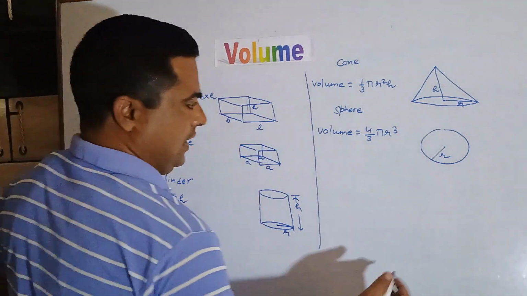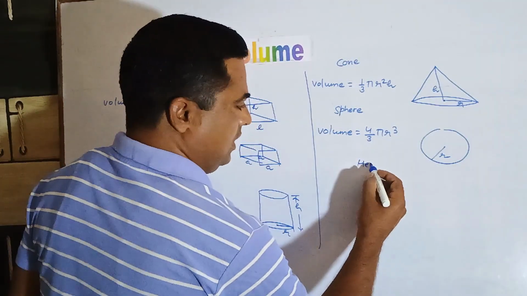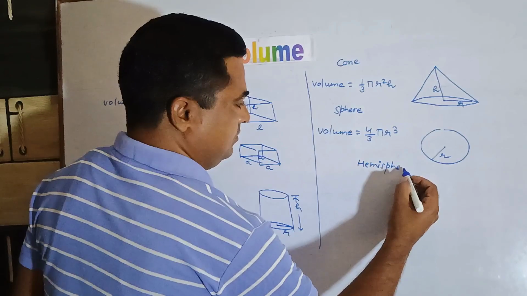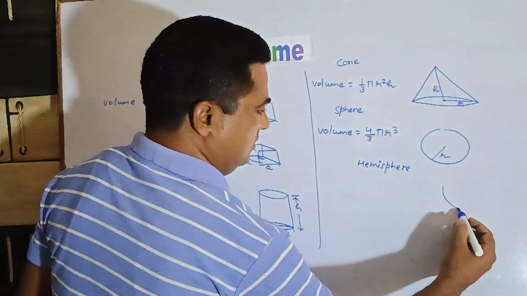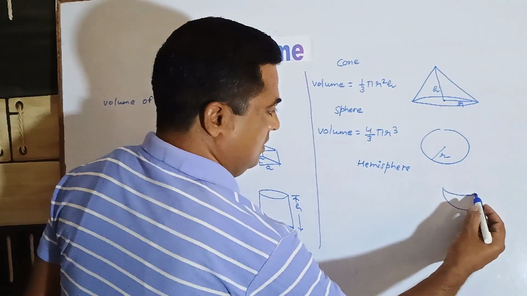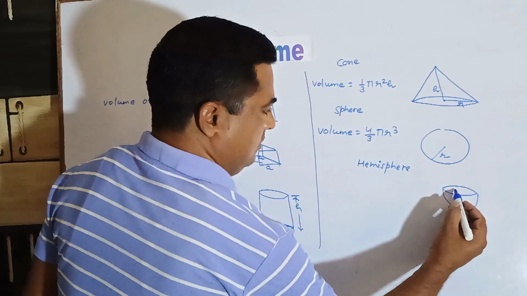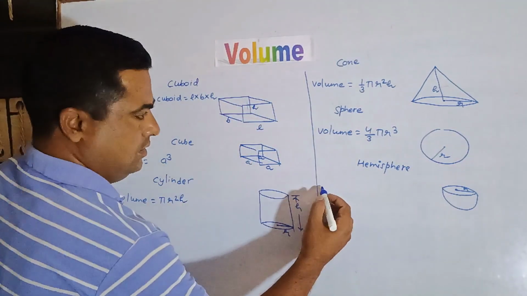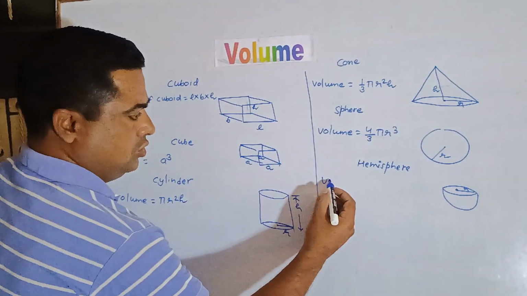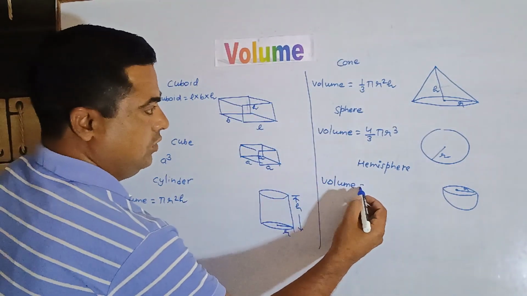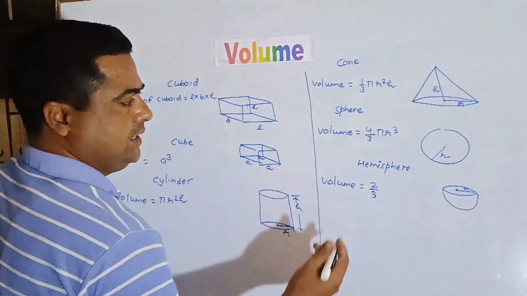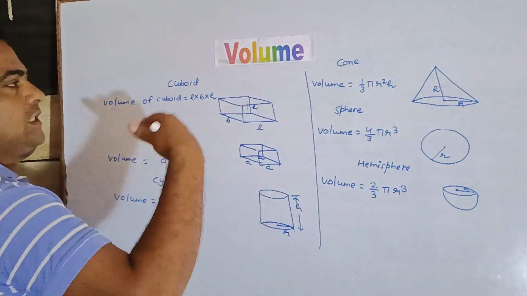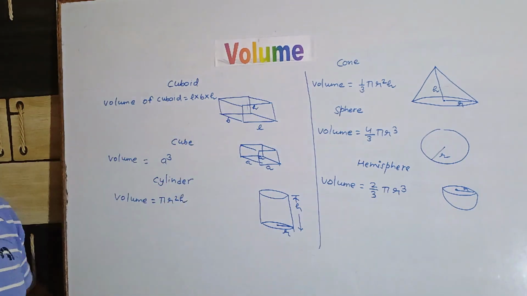Students, now we have a hemisphere, meaning half sphere. If the radius be r, what is the volume of hemisphere? Half of the sphere. So volume will be 2 by 3, half of 4 by 3 will be 2 by 3 pi r cube. So students, these are the volumes of different shapes.